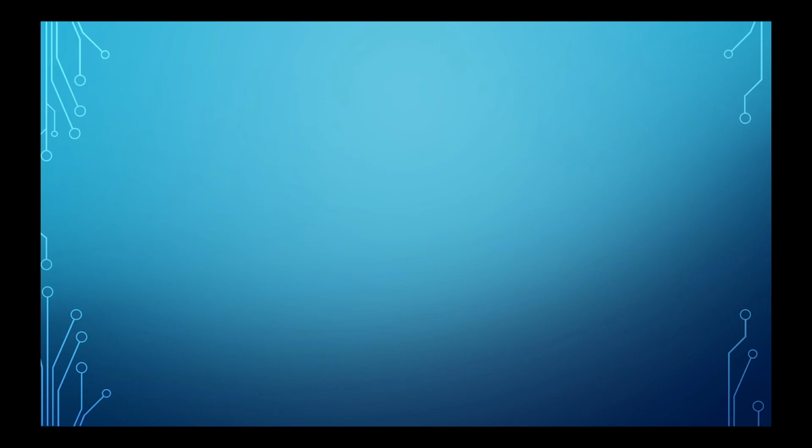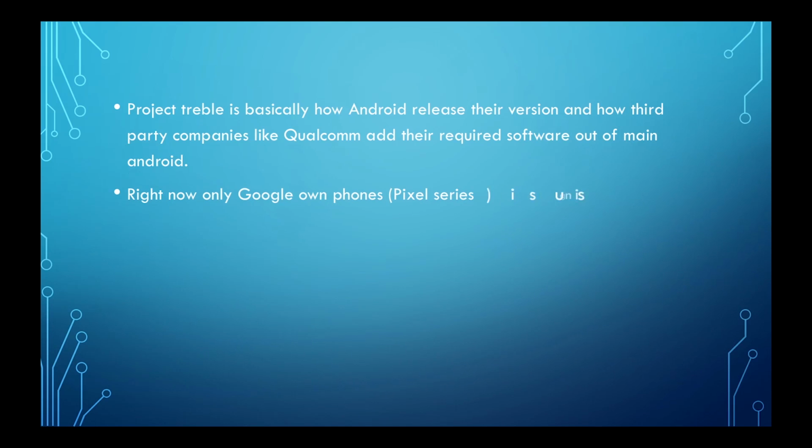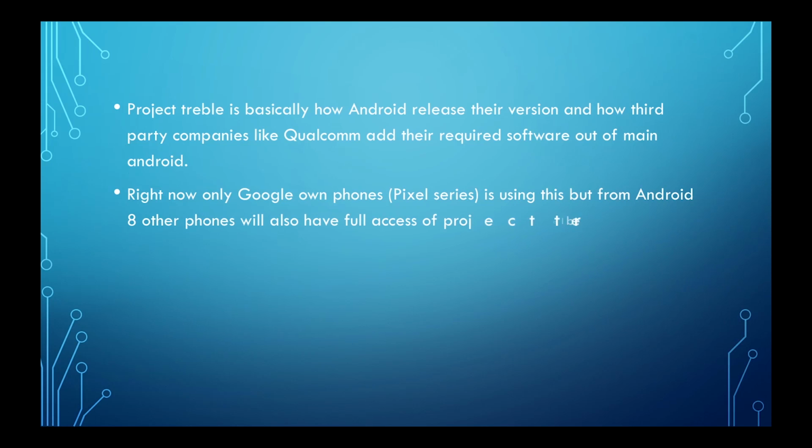Project Treble is basically about how Android releases their version and how third-party companies like Qualcomm add their required software outside of main Android. Right now only Google-owned phones like the Pixel series are using this, but from Android 8, which is O, meaning Oreo, other phones will also have full access to Project Treble and it will solve the slow updates problem.